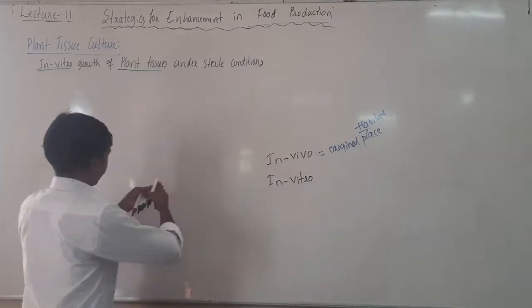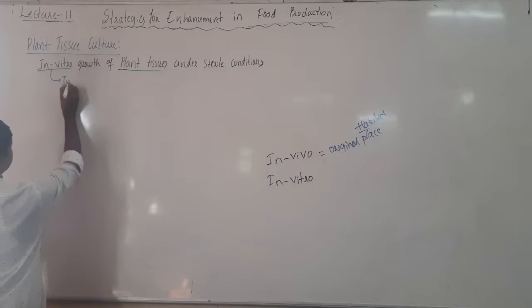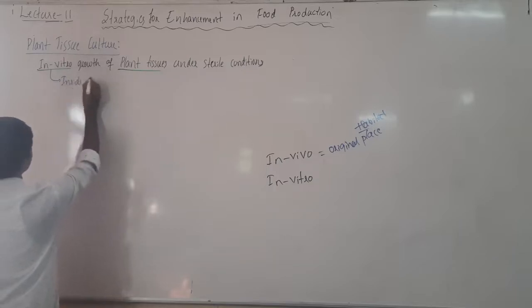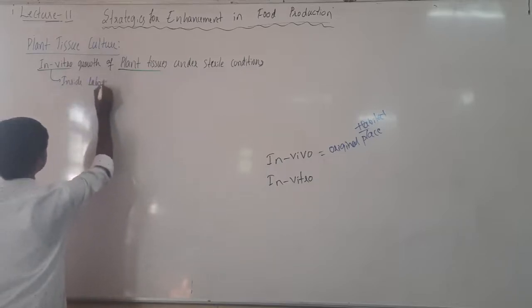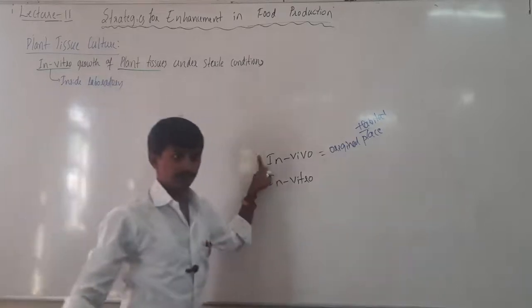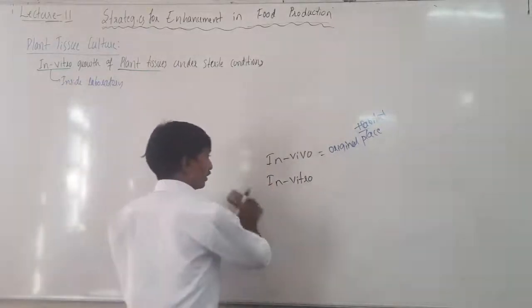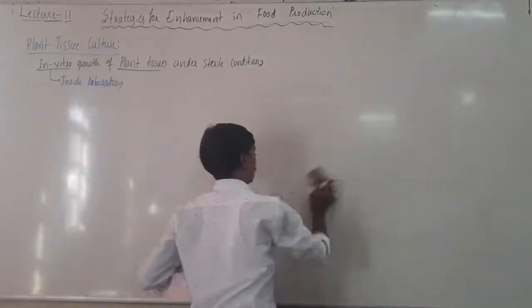Okay, so here in vitro means inside our laboratory, right? So in vivo, in nature; in vitro, out of nature, means inside the laboratory, under human care, under human control.